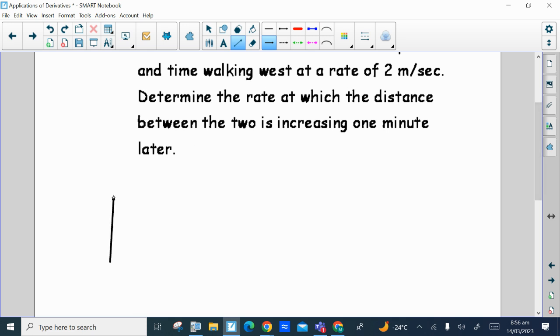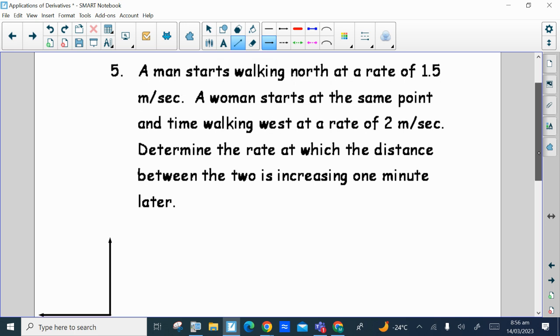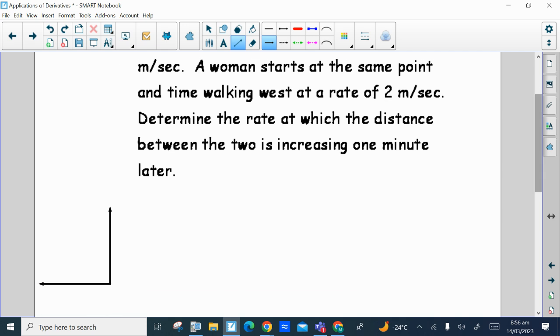The man walks north, so we have the man walking north, and then the woman's walking west. We saw one like this yesterday with 2 ships that passed the buoy, right? So this will be done the same way. So the man is walking north, so we'll say that variable is y, and the woman is walking west, so we'll say that variable is x.